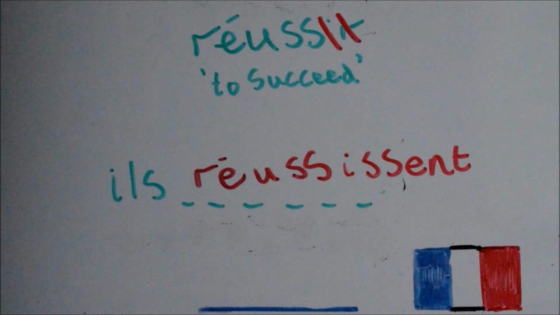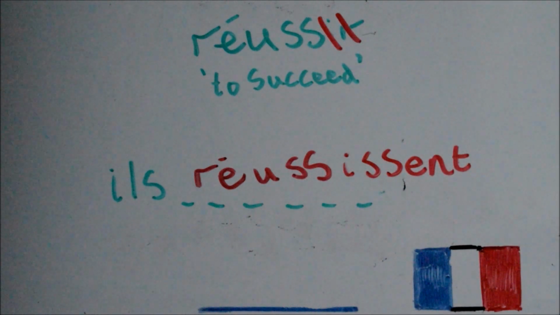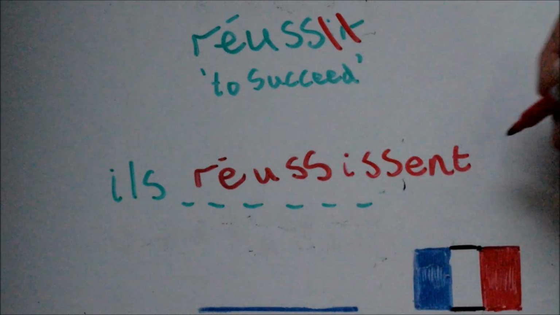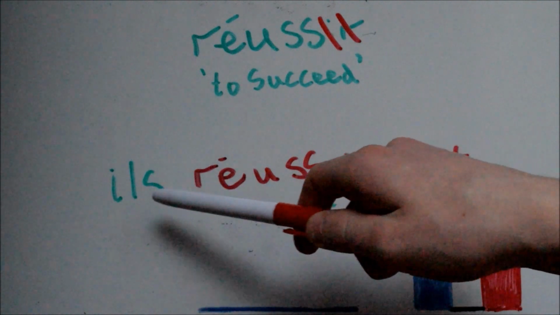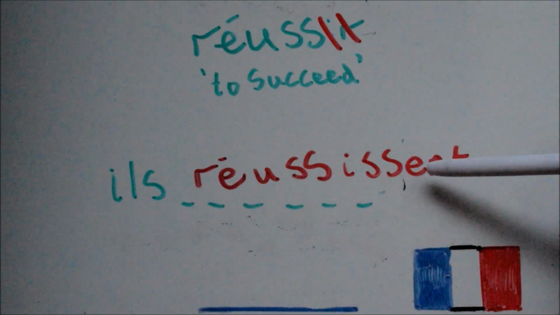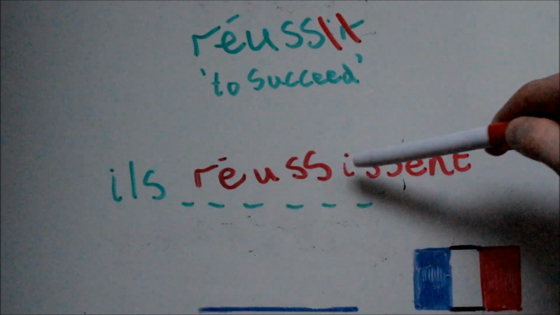ISSENT. This word may look really complex, but it's not. We've now conjugated the verb. This is said, ils réussissent.